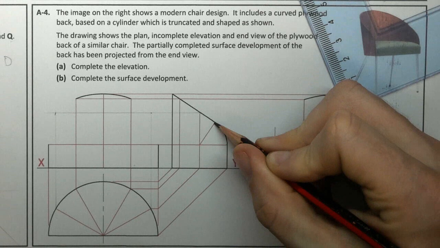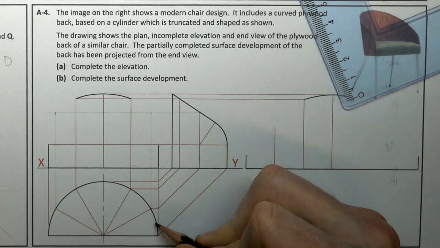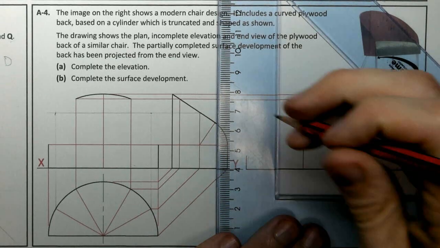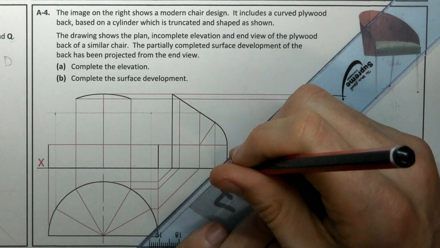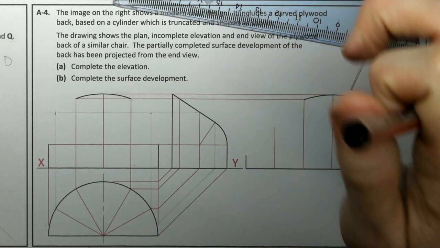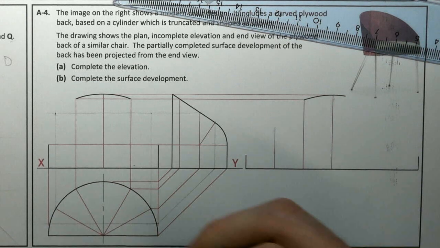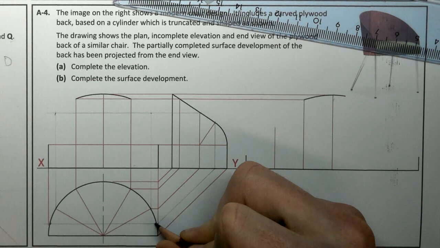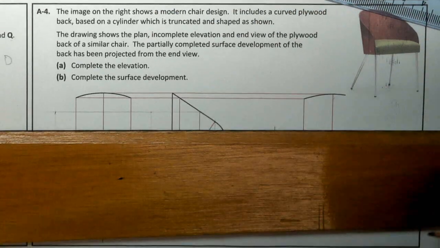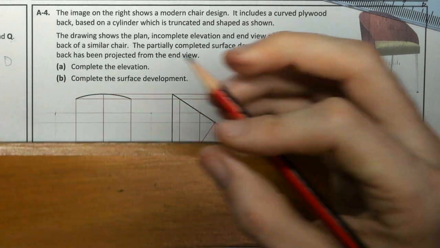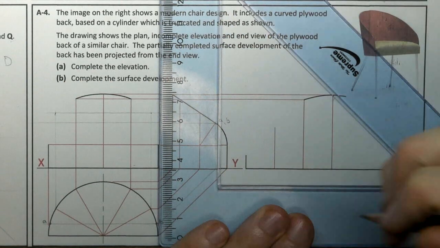Now they've also indicated to us this point here. We're going to use that point, but it hasn't been located down here for us. So project that down at 45 degrees, and project it across. We'll call that point A and that point B. So here's AB, project it across, we can label that AB if we want, and project up.